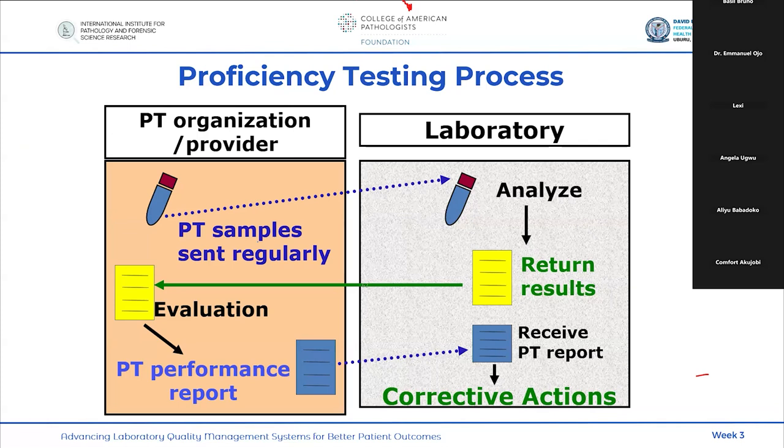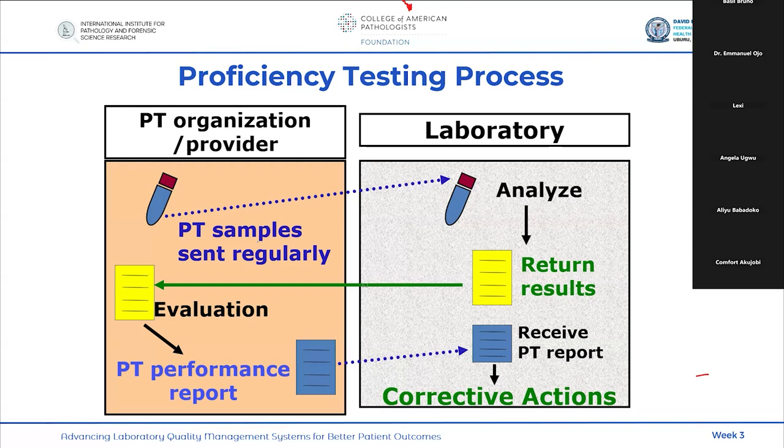Among other things they do, they prepare proficiency testing panels. One of the labs we support actually subscribes to the CAP PT program. So they prepare panels and send the PT samples regularly to the lab.